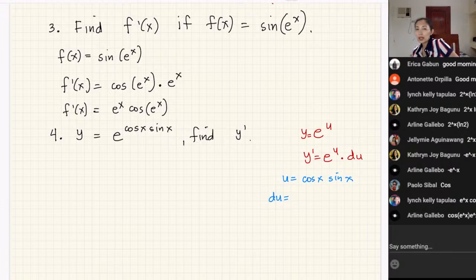Recall from your algebraic differentiation, the product rule: the first times the derivative of the second. Which one is the first function? Cosine x.